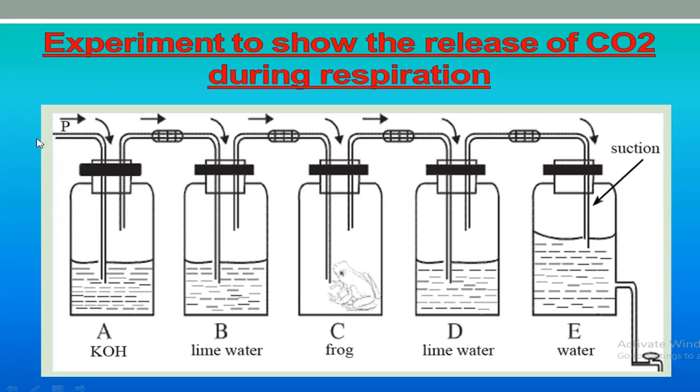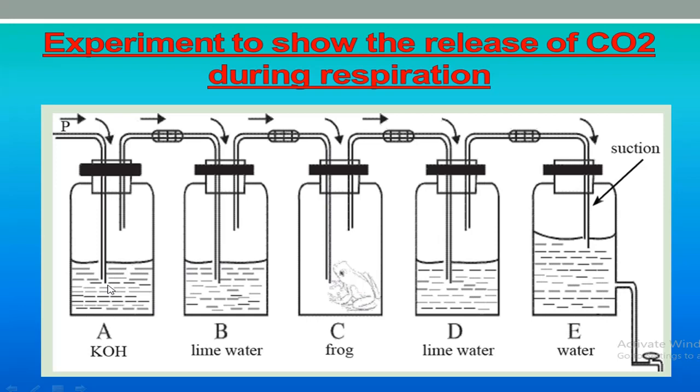When air flows from the atmosphere to bottle A, this air contains carbon dioxide. The total carbon dioxide contained in the air coming from the atmosphere is absorbed by the potassium hydroxide.